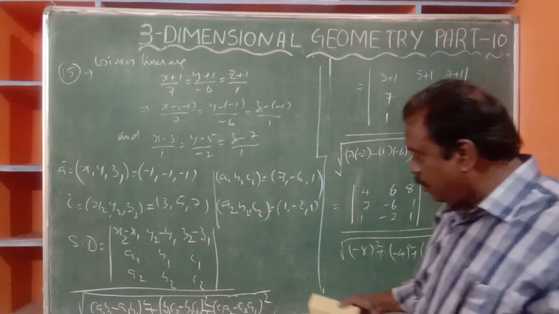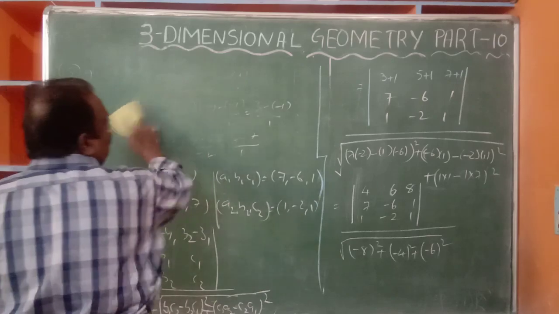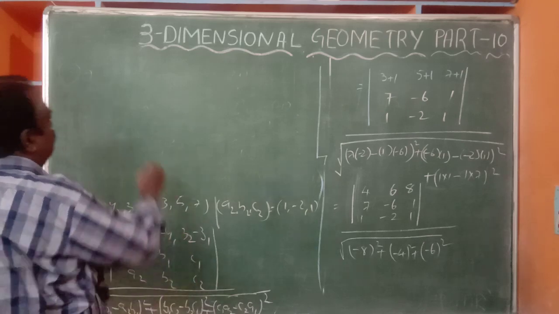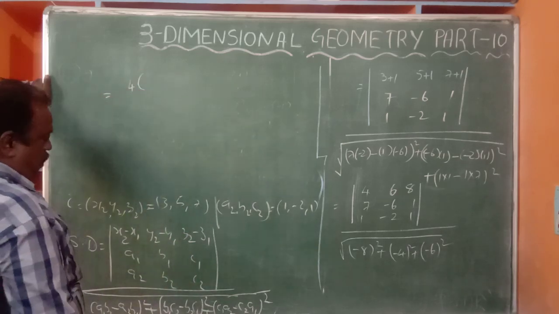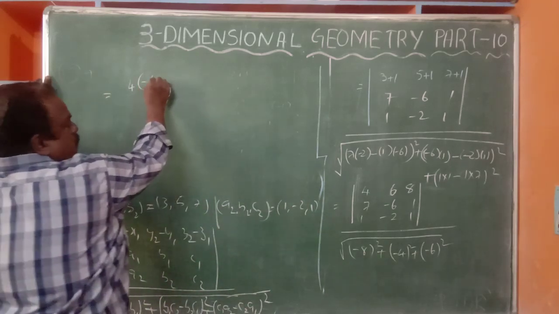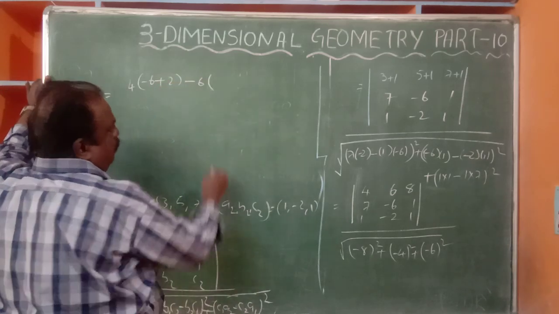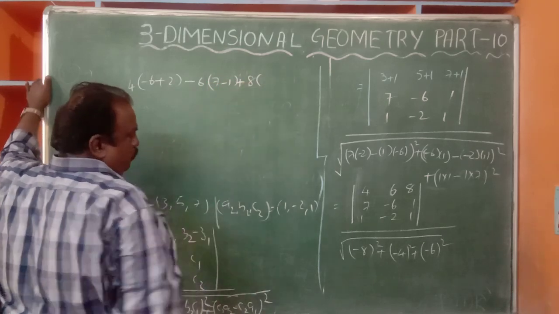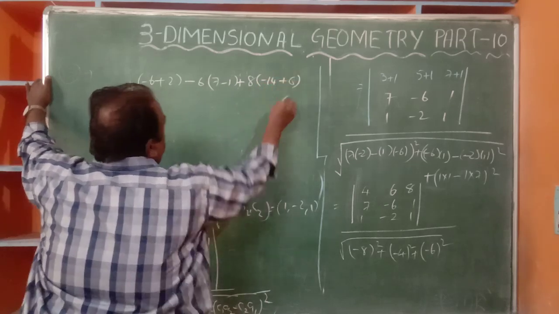Okay, now observe me. It is 4 of the determinant: 4 of minus 6 plus 2, minus 6 of 7 minus 1, plus 8 of minus 14 plus 6.